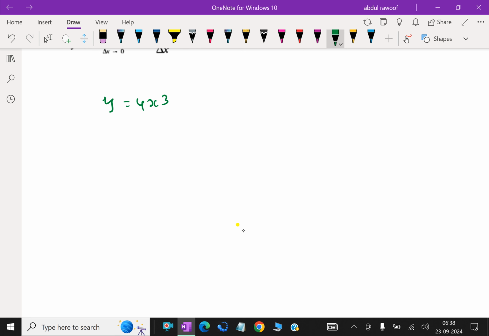Now consider a function y equal to 4x cubed plus 3x squared minus 5. The differential of y is found by first taking the derivative. Now dy by dx equals 12x squared plus 6x.